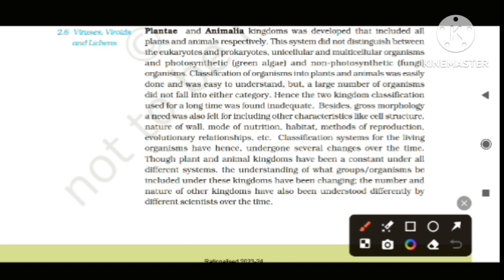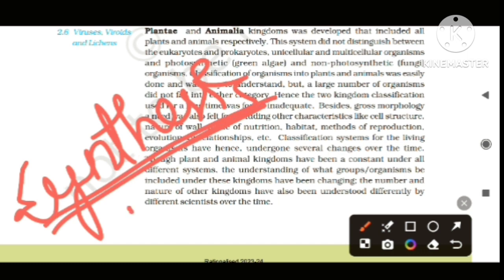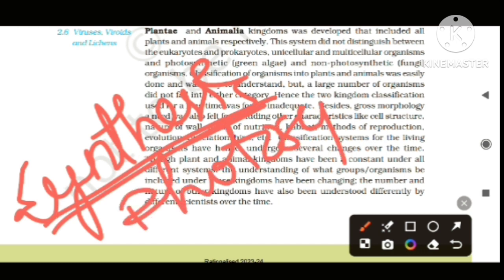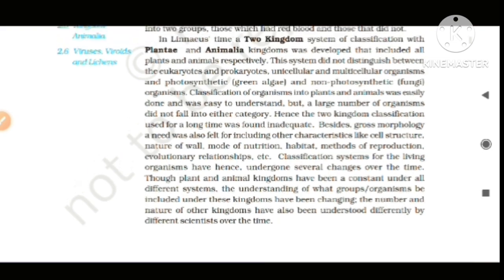Photosynthetic means they synthesize their own food using light. All the green plants do this process. Photo means nothing but light, that's why they are called photosynthesizing organisms. But non-photosynthetic are heterotrophs, nothing but depending on other organisms.